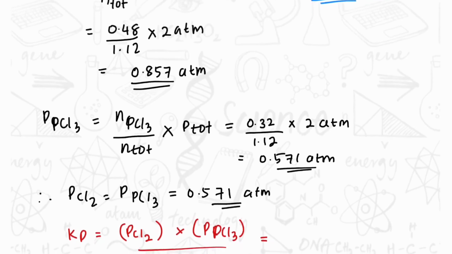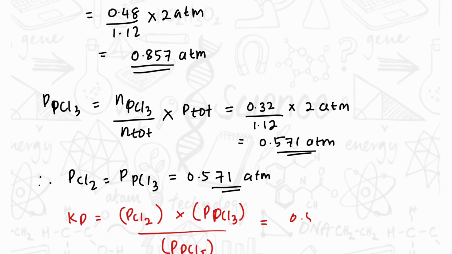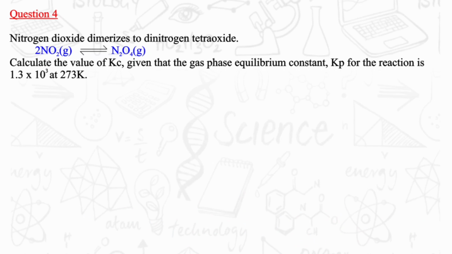And if we simplify this, we get 0.571 squared divided by 0.857 power 1, and the answer is 0.380 atm. Now let's move on to the next question, question number 4.